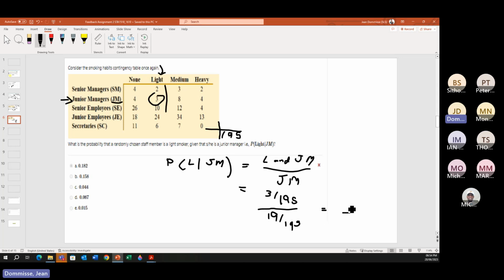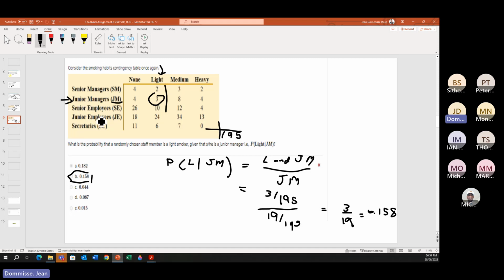So hopefully now 3 divided by 19 will give us 0.158. It is 0.158.